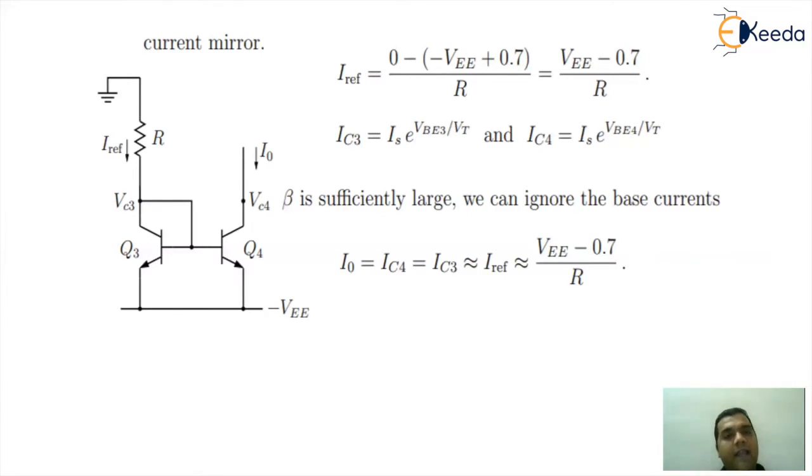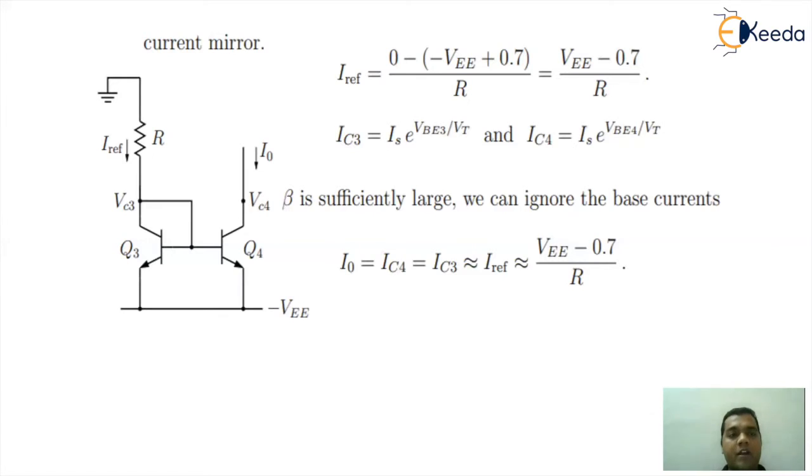So automatically I can say that IO, which is equal to the IC4 value, is going to be equal to the IC3 value, where IC3 is approximately equal to the IREF value. This is because the reference current flowing through R reaches the collector node and splits into three components.